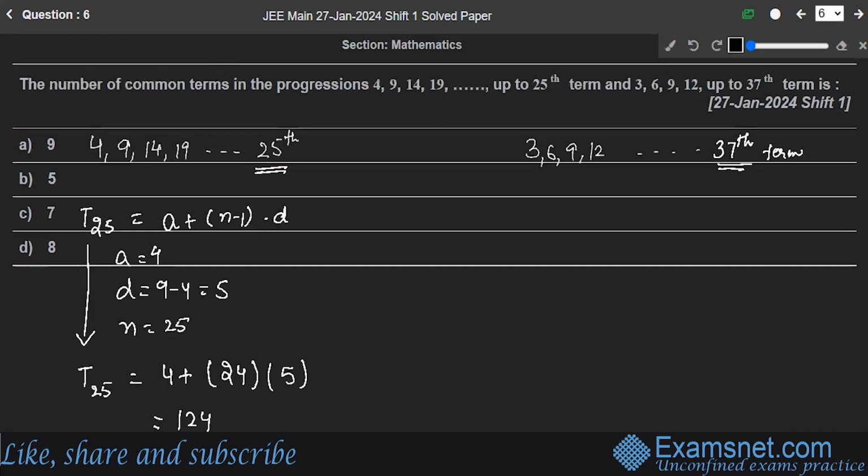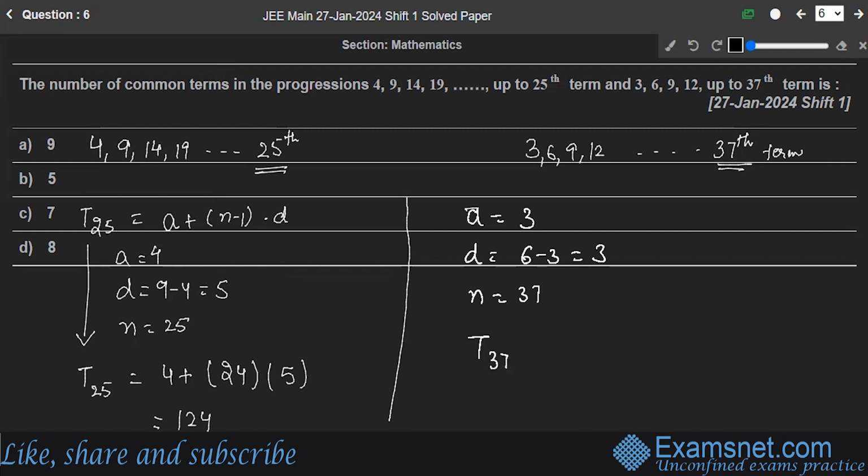So now the second one, T37, I have to find out. For that, first of all, you have the first term as 3 and the common difference as 6 minus 3, that is also equal to 3. n is equal to 37.